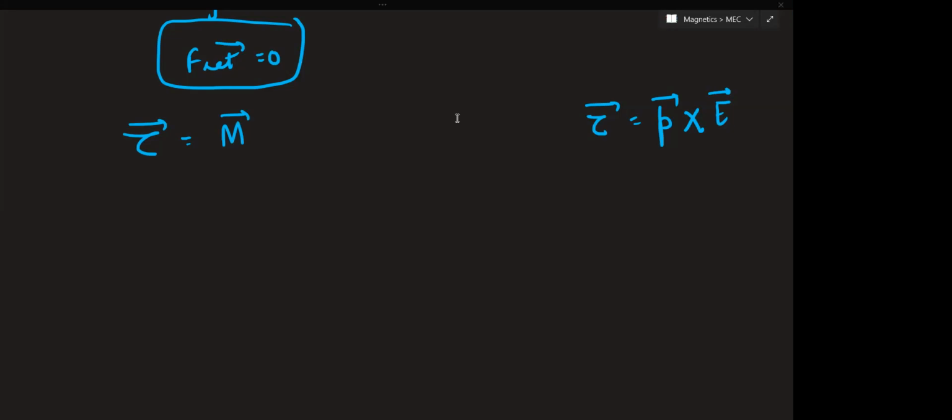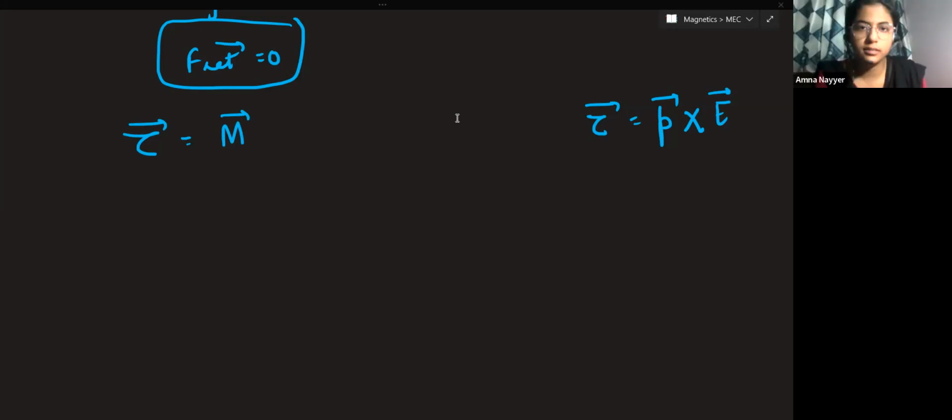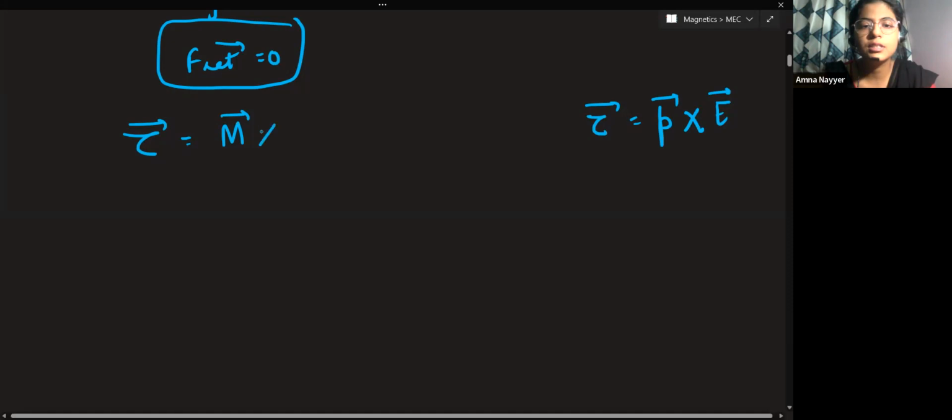Current into area. NIA, right. If the number of turns is there, so NIA. Otherwise, if a single turn is there, then as Atif said, it is IA. Fine. So this is M cross B. Instead of electric field, you will have magnetic field.